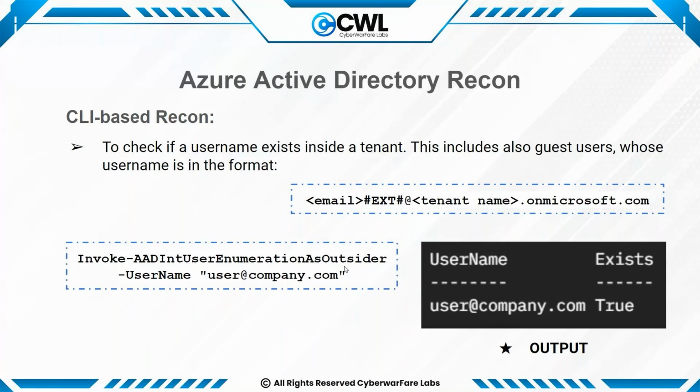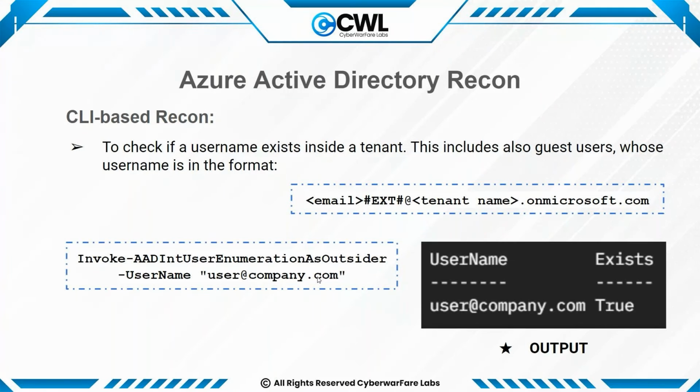The -UserName parameter is to enter the email address, to see whether it's a user, whether this user exists or not. The primary purpose of this command is to determine whether the specified user exists in the Azure Active Directory domain and potentially gather any additional publicly accessible information about the user.